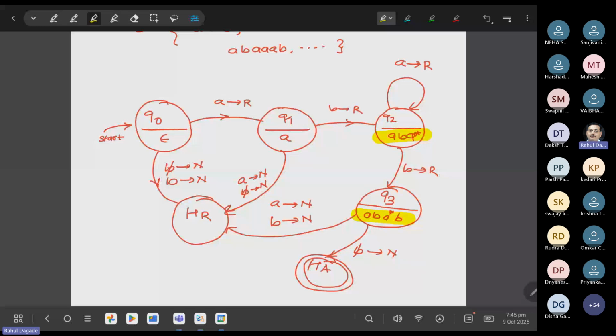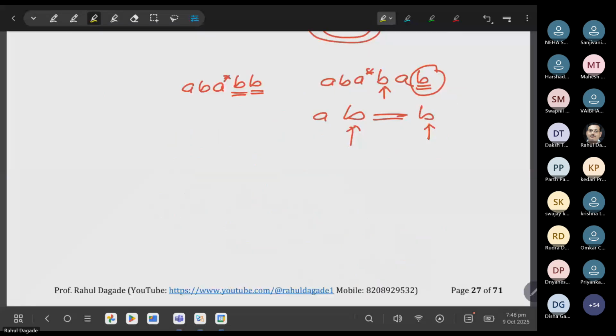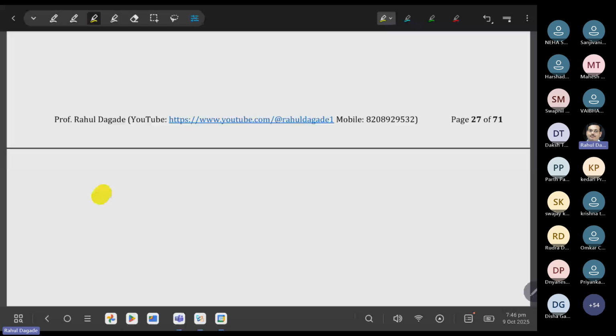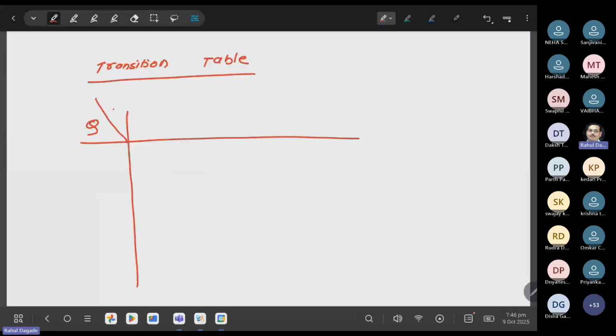Now all of you show the transition table. अब इसके बाद transition table, you have to draw it. It is Q cross tau.